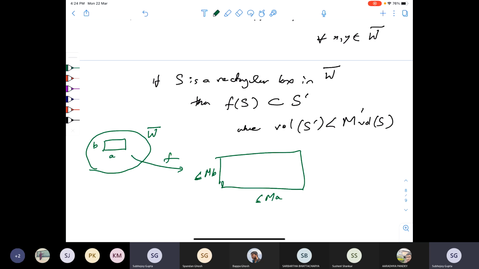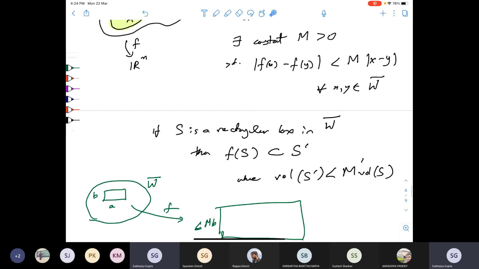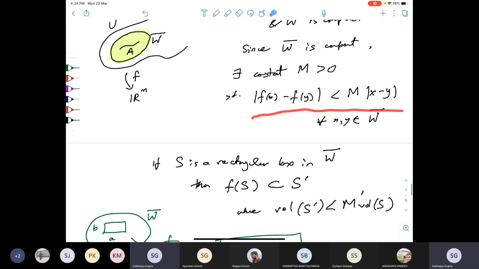I don't want to keep track of how that factor depends on m, so I'll just call it M prime. You can't map it to too large a volume box because all your derivatives are bounded, and the derivatives give you this Lipschitz property, and you're working inside some compact region of Euclidean space where all these derivative bounds hold.